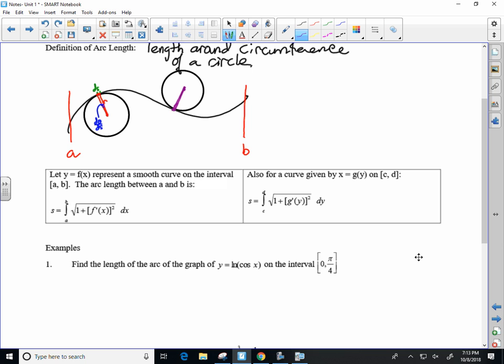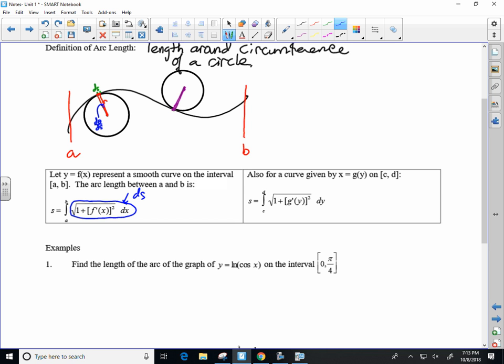Fortunately, the summations that lead up to integration allow us to do that. So what's happening here, and this is Calc 3, is that this whole shebang is your ds, the minuscule distance of arc length.